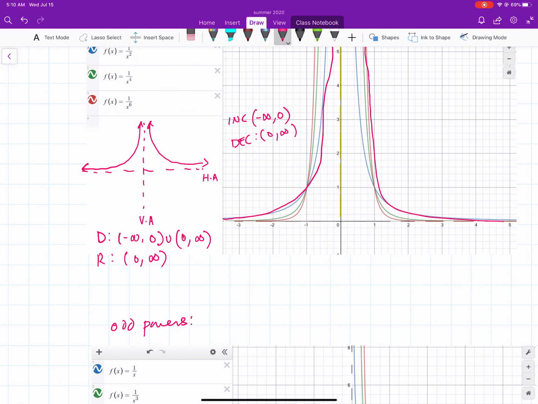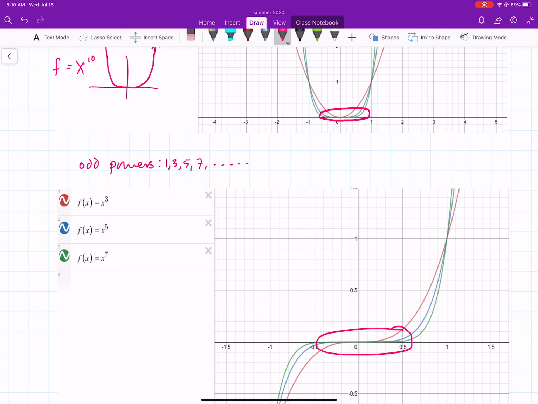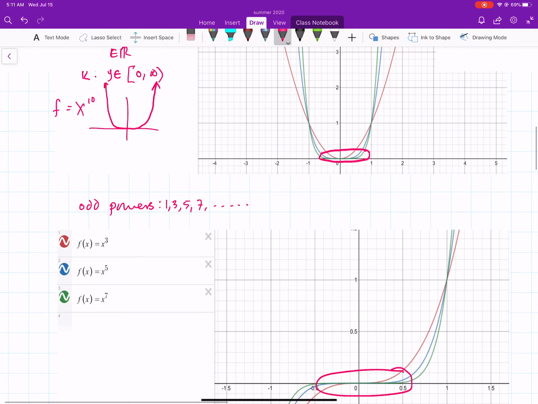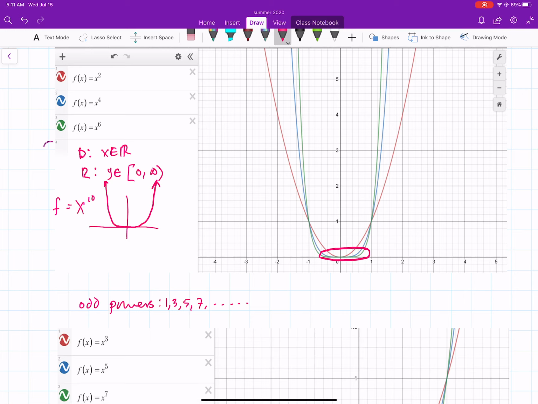And again, in even and odd, you should get comfortable to see how the graph looks. All right. And then we also looked at power functions. And again, over here, you should recognize what's going on when you have an even and odd power so that you are able to sketch these functions easily and readily when you encounter them.